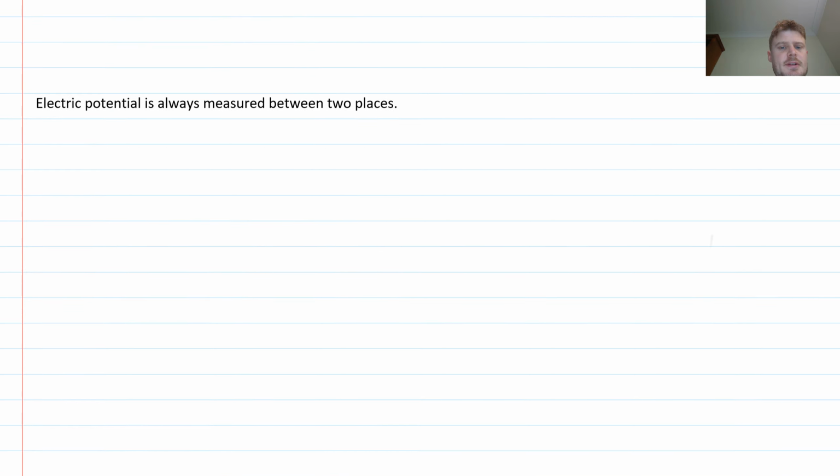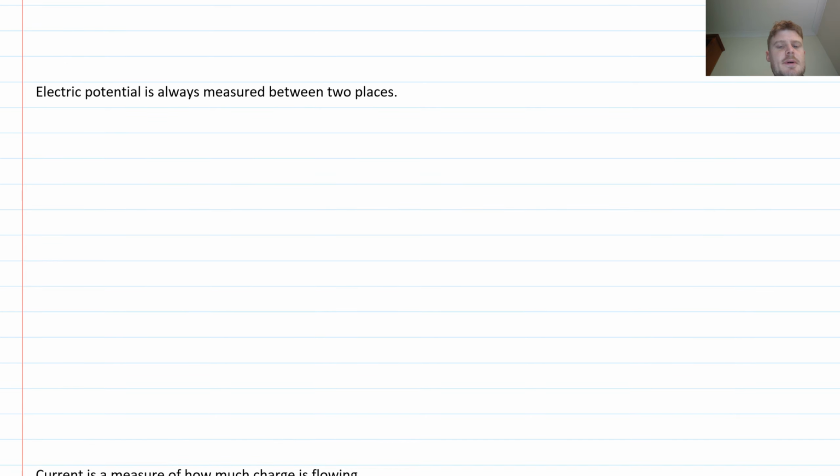Now, electric potential is always measured between 2 places. So when we had the example of the ball being lifted up, we had our ball, which was some height above the ground, and we're talking about this potential energy of the ball with respect to the ground.